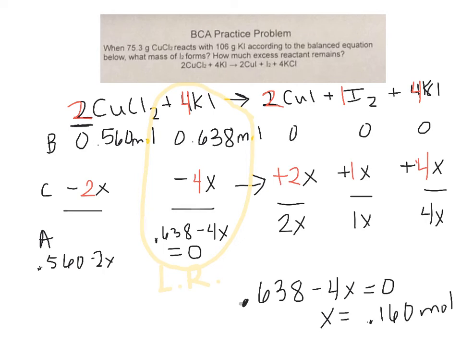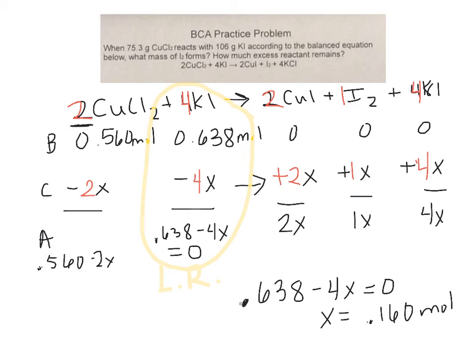Okay? All right, now, remember the part about making the educated guess? I've done this for a few years, so I made a good educated guess. If you wind up with an x that gives you a negative number over here for one of these things, that means you chose poorly. Erase, you chose the wrong limiting reactant, and go back and do the other one.